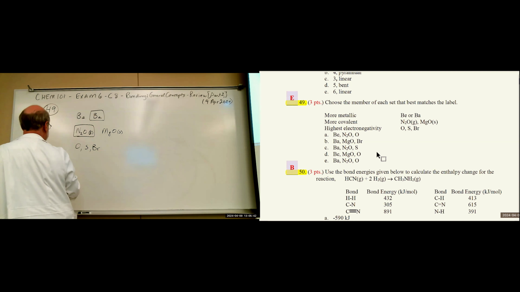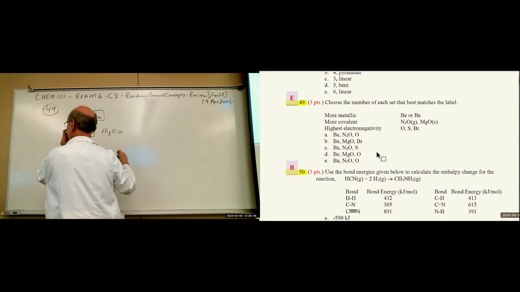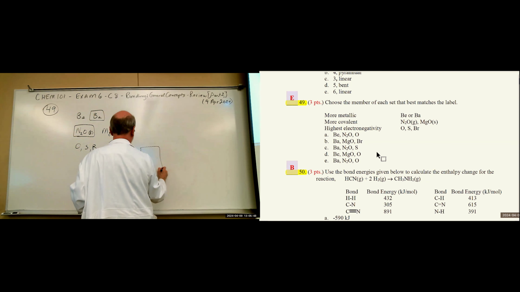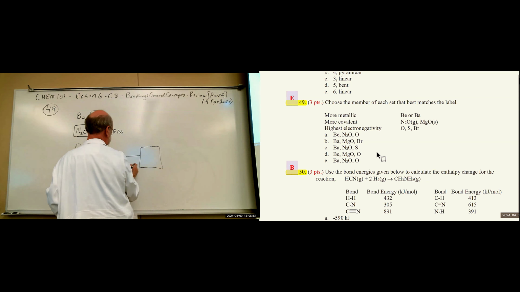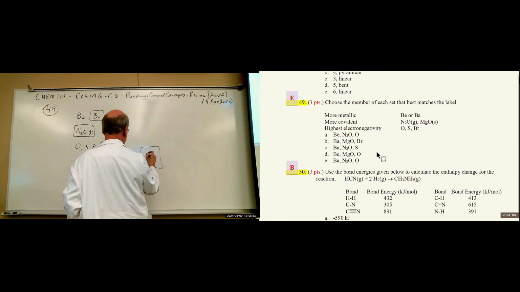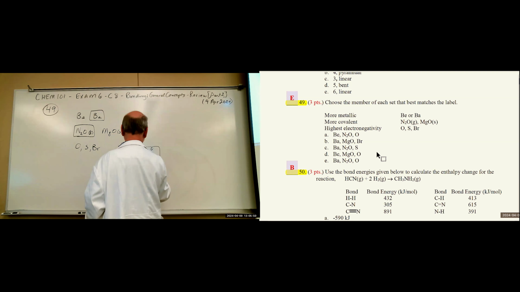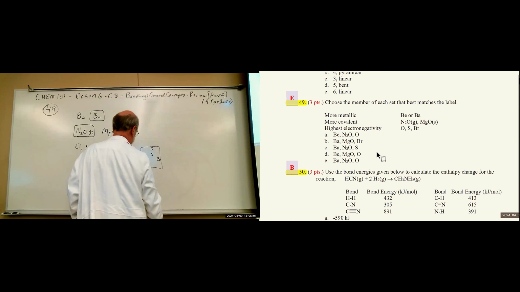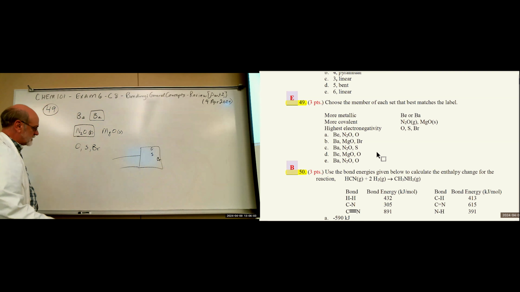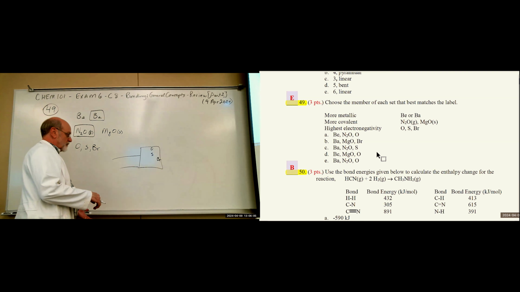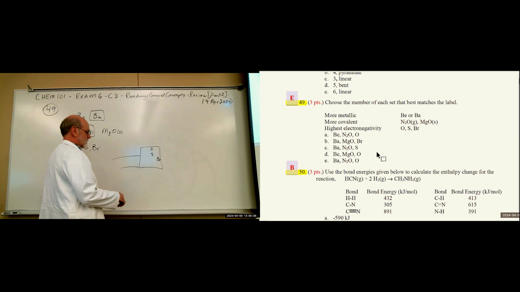Okay, electronegativity. Let's just draw this part over here. The transition metals are over here. So we've got oxygen here, sulfur below it, and bromine down here. And so electronegativity increases from bottom to top and left to right.